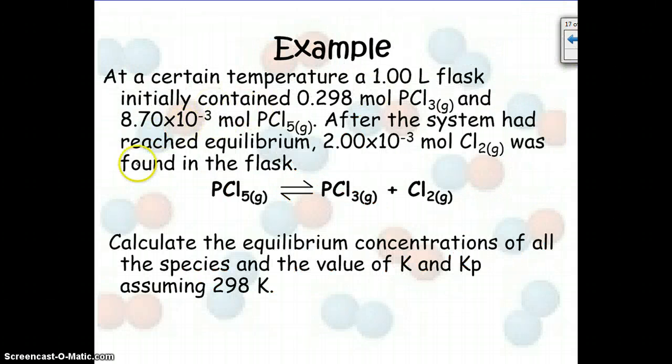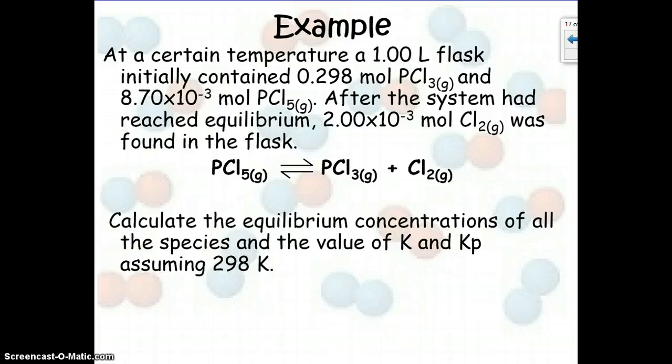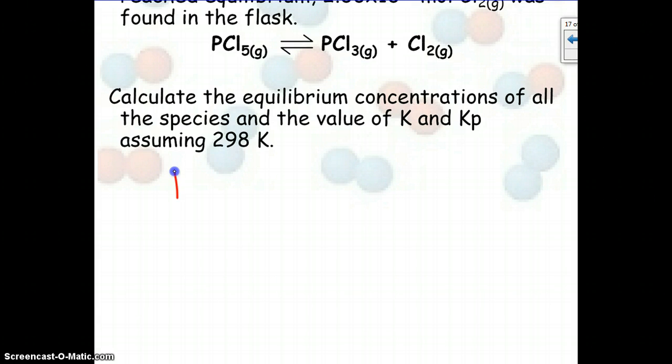Now we're given this one, and it tells us the moles of PCl3 and moles of PCl5, and then tells us how many moles we had afterwards, and asks us to determine the equilibrium concentrations. So we're going to require an ICE table for this one.